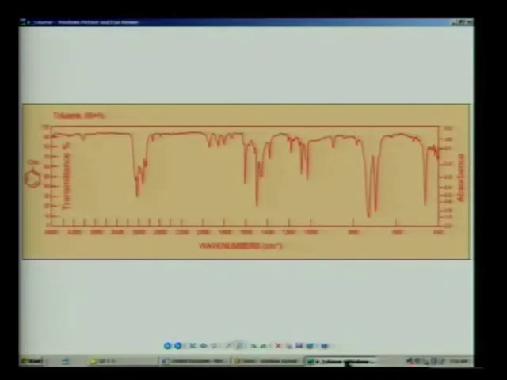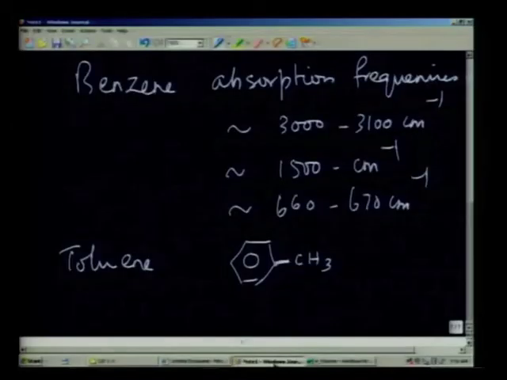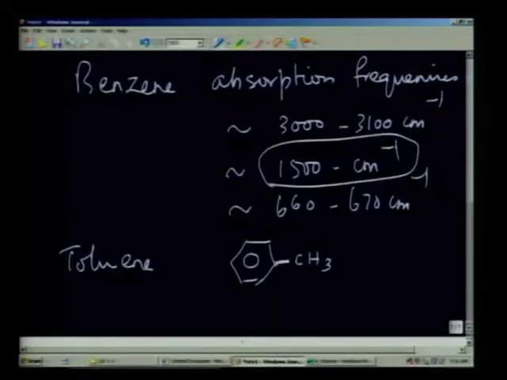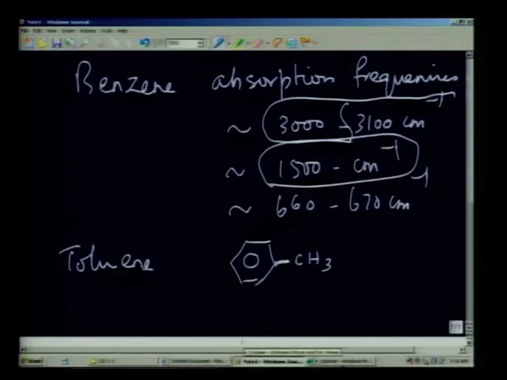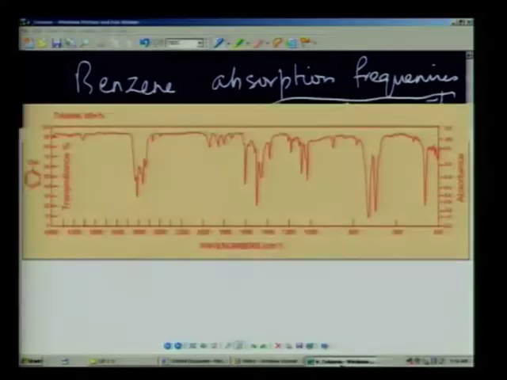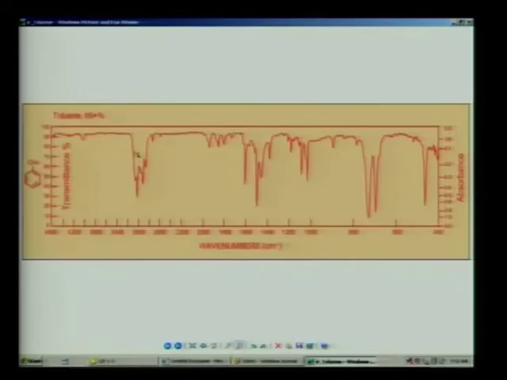Again we have an absorption near 3000 to 3100 centimeter inverse, except that now it is a multiplet. We have again absorption near about 1500 centimeter inverse. We have one around 3000 centimeter inverse, but with a much broader absorption, or there are overlapping absorptions here.